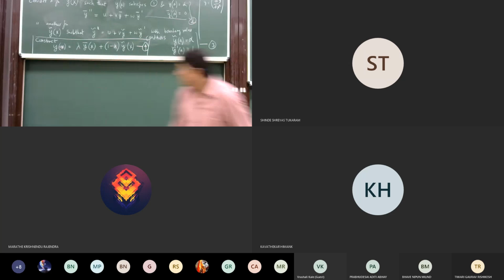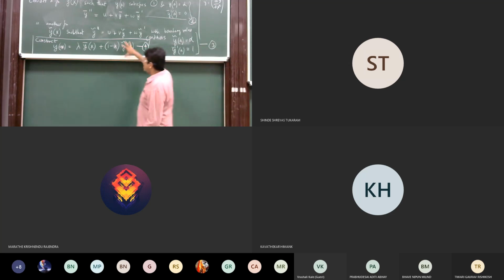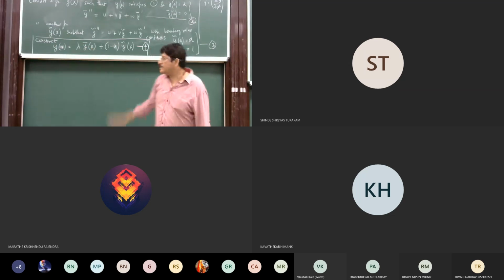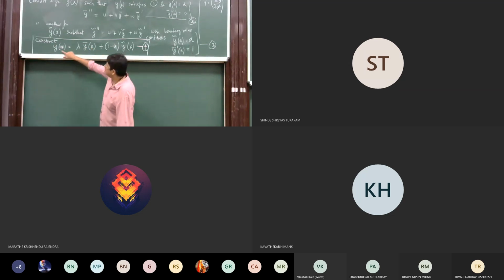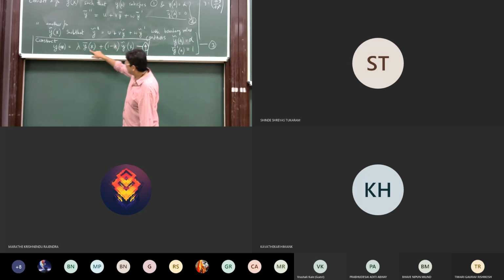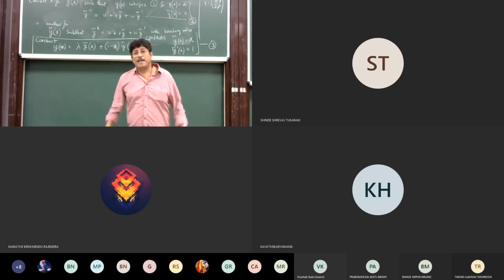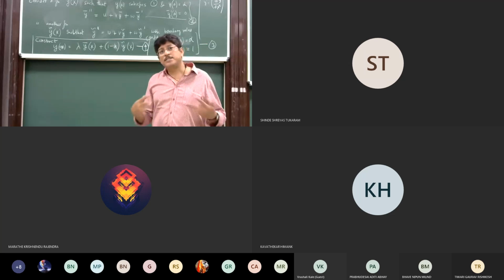So is it clear up to here? Now, what is our task? I'll just trace out the route before I actually do it. At this point, we still do not know what lambda is. What we finally have to do is find out lambda for the purpose of finding the solution. But what we are going to demand is that this linear combination y, built from y bar and y tilde, satisfies my original differential equation.